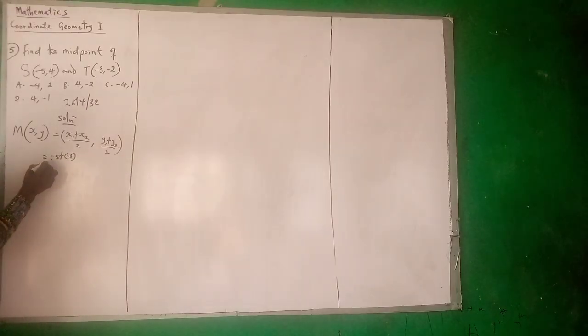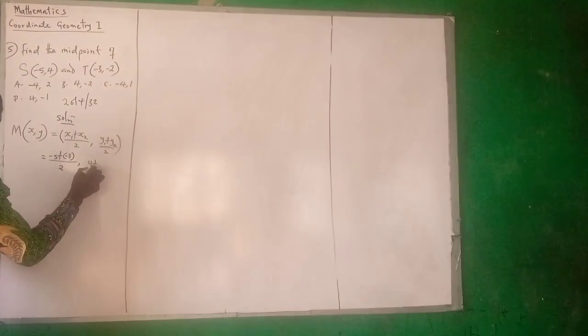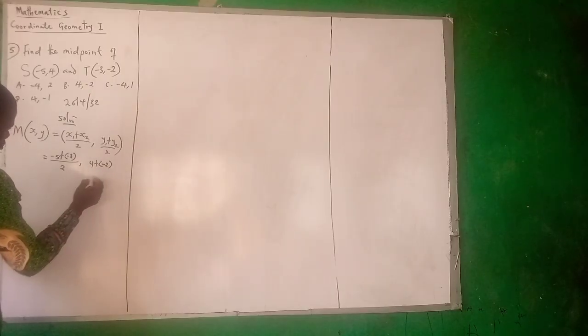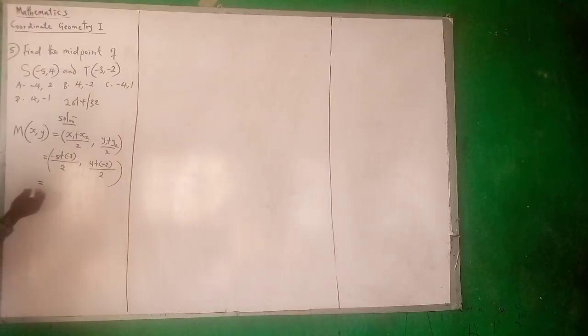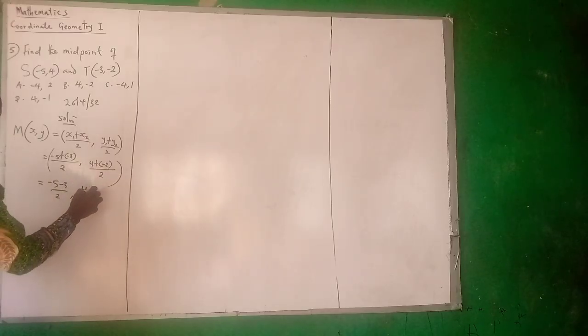Minus 3 all over 2. Now, y1 is 4 plus y2 is minus 2. Alright. And that will give us minus 5 plus times minus is minus, right, 3 all over 2. 4 plus times minus is minus, right, 2 all over 2.